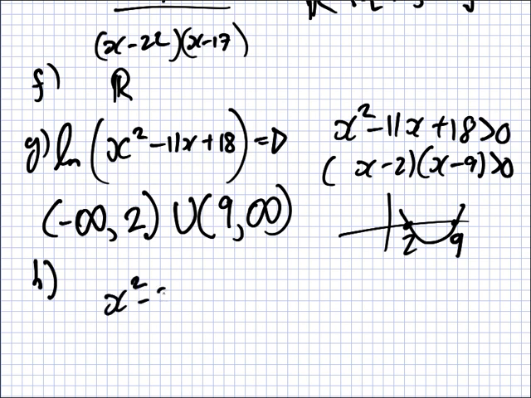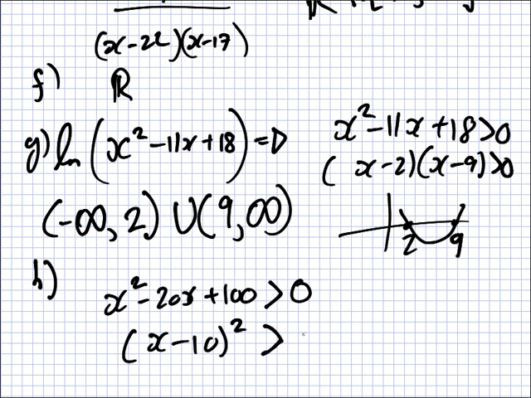You need x squared minus 20x plus 100 to be more than 0. 10 and 10? Wait a second. Really? How do we get an answer for G?